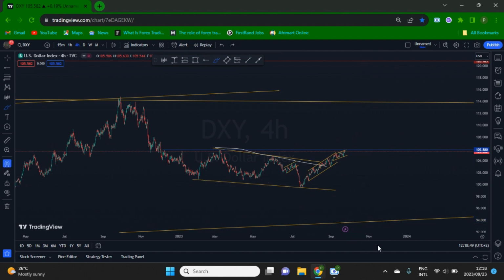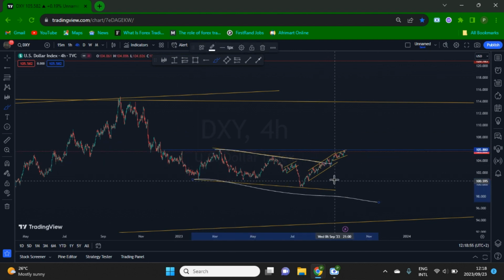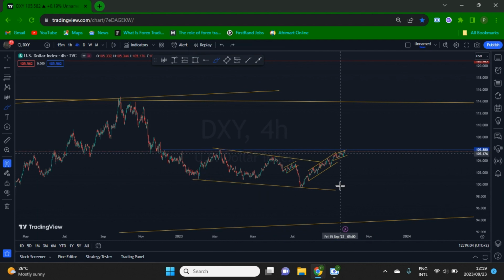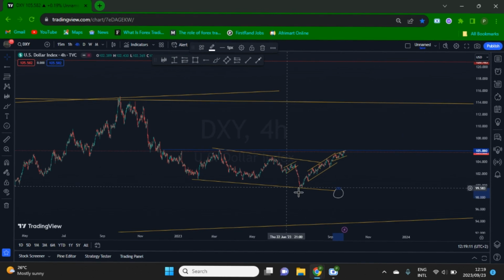So that's the reason why, despite the fact that this may seem to be a descending channel, I'm still looking for price to move to the downside, right? My first target, of course, is a third touch on this trend line. After that, third touch on this trend line, I'm gonna extend that. Let me just extend that so that it's much clearer.